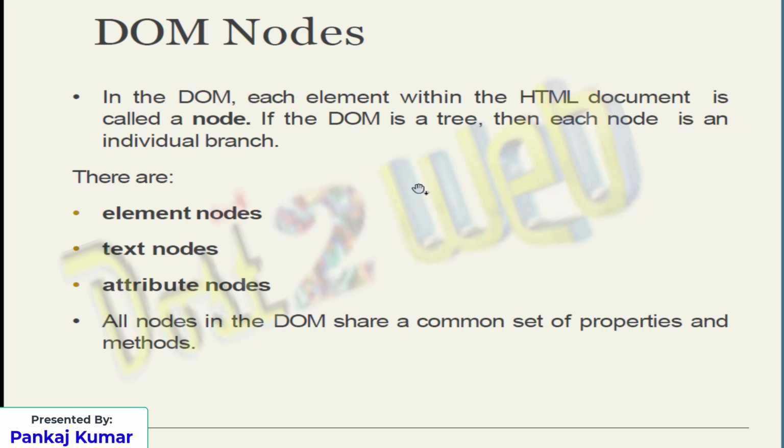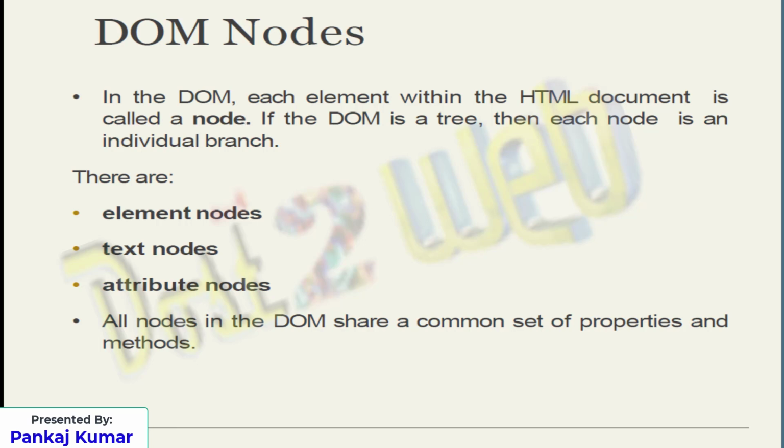Then when we talk about the node, what is a DOM node? In the DOM, the Document Object Model, each element within the HTML document, whatever you are using in your HTML, will be called a node. Just now we saw the HTML, head, paragraph; all of these will be called your node.